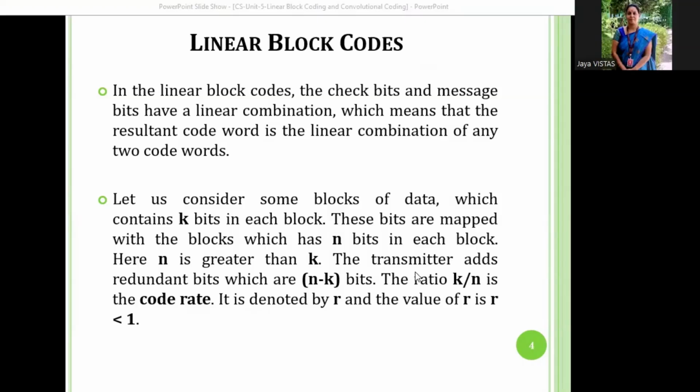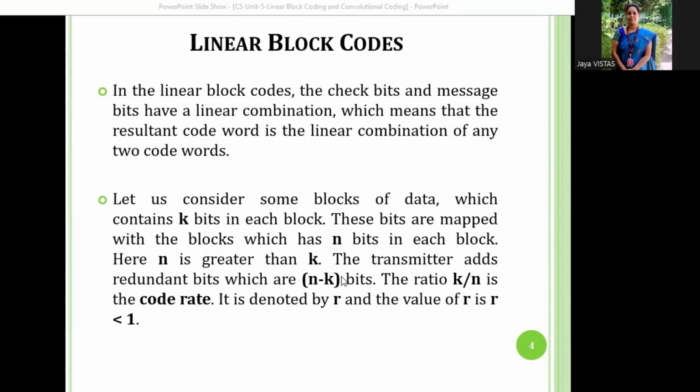Here n is greater than k, because the block includes message bits as well as the check bits or parity bits. Both together are the total length of the block, that is n. So the transmitter adds the redundant bits, which are n minus k bits.